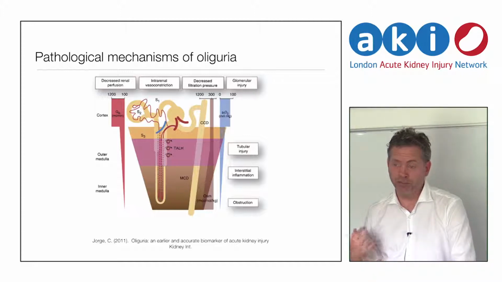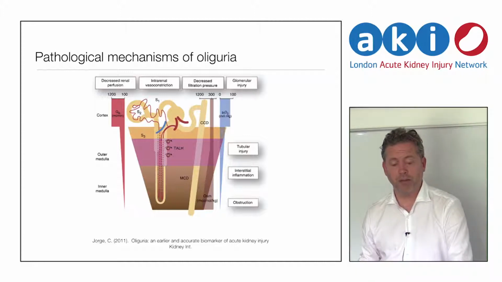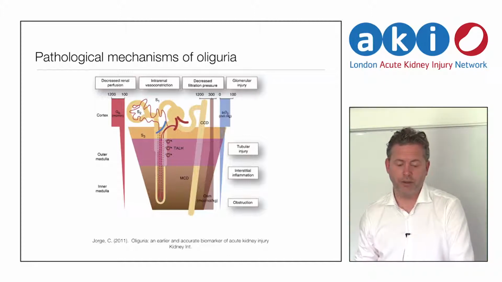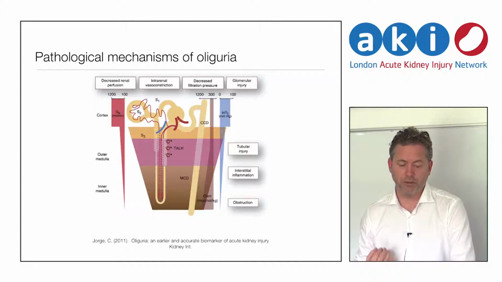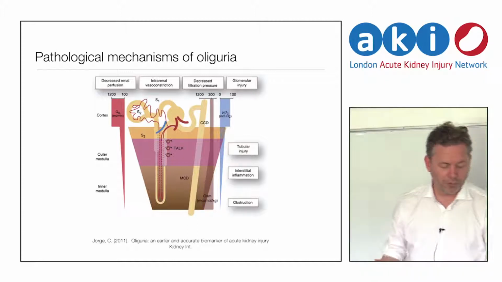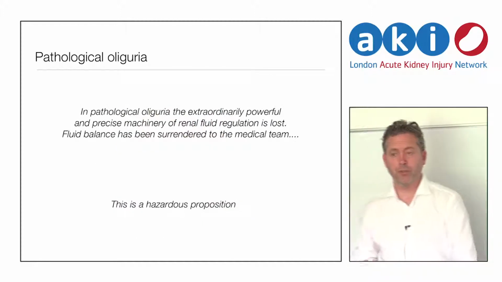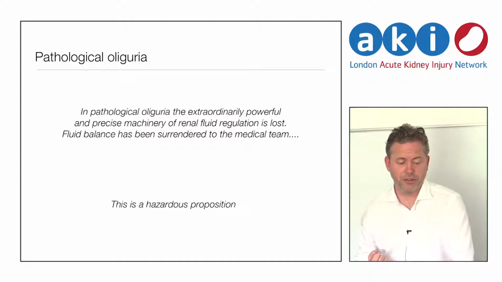We may have tubulointerstitial inflammation, interstitial nephritis, and finally, we may have pathological oliguria due to obstruction. Profound oliguria, i.e. anuria, would most commonly be caused by complete obstruction, vascular occlusion, or a very severe, rapidly progressive glomerulonephritis that we see in Goodpasture's syndrome.